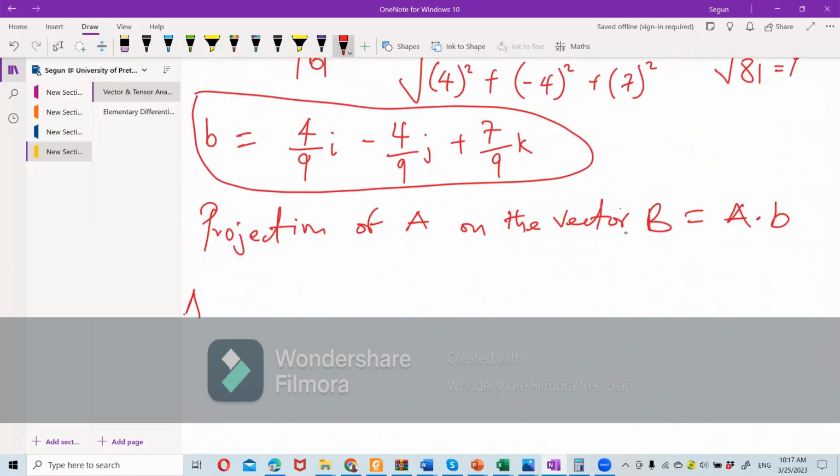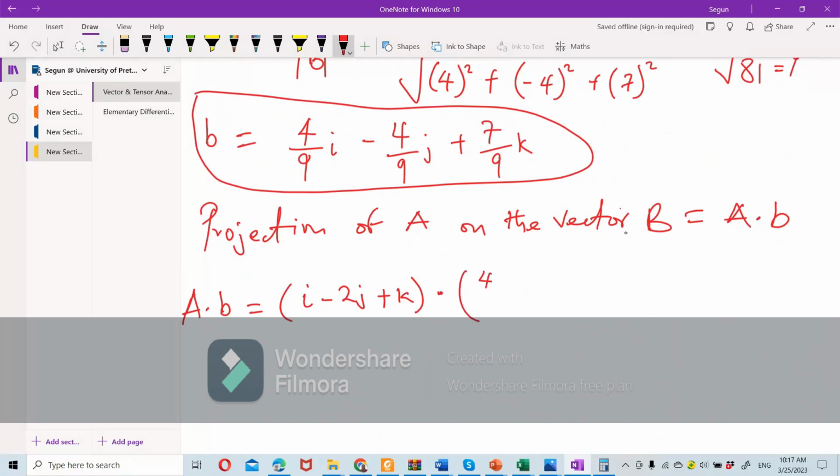So our vector A dot small b will be equal to i minus 2j plus k dot 4 over 9 i minus 4 over 9 j plus 7 over 9 k.